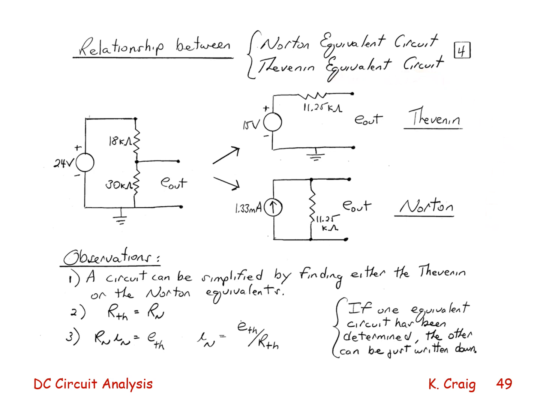And again, these concepts are very important for simplifying complex linear networks into a simple voltage source and a series resistance, or a current source and a parallel resistance, to which we can then add our load and determine the performance of the loaded circuit.